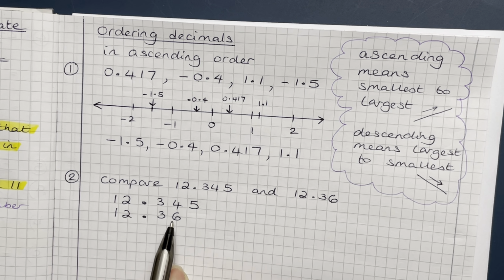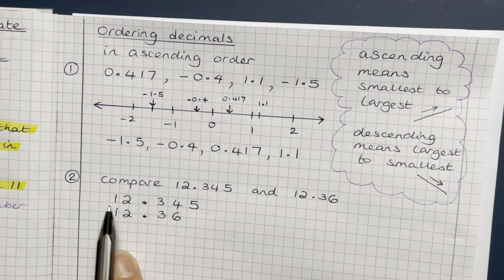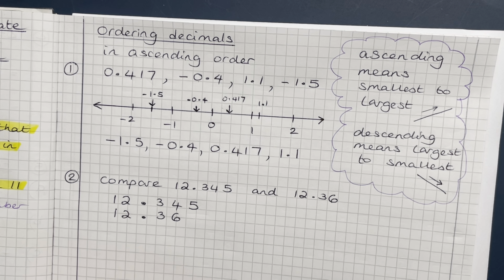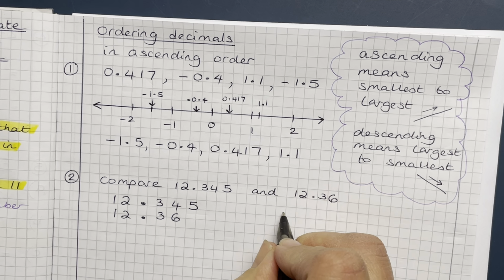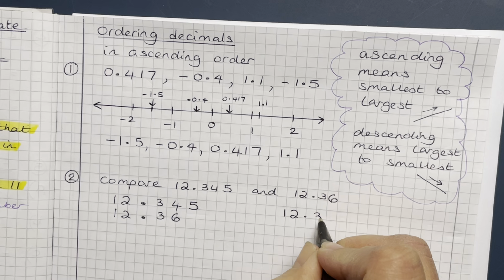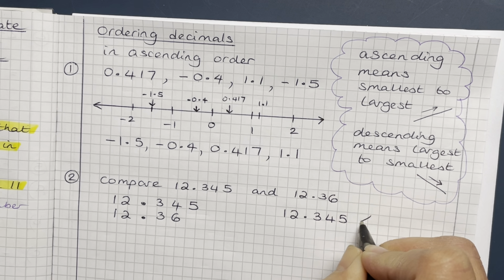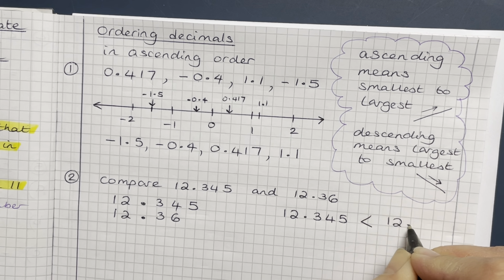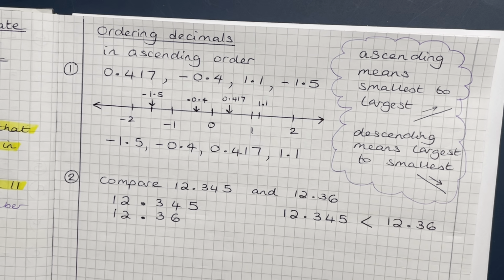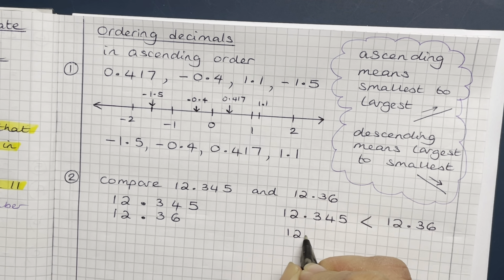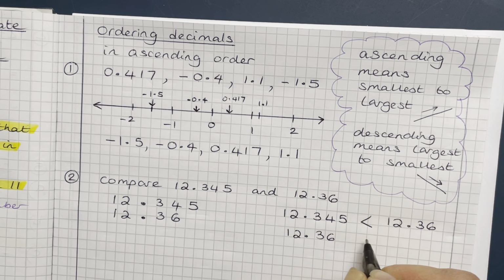So that allows me to see that 12.345 is smaller than 12.36. So I can now write that as 12.345 is less than 12.36. And indeed, I could write it the other way around. I could say that 12.36 is greater than 12.345.